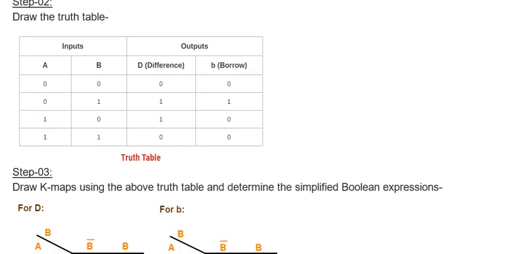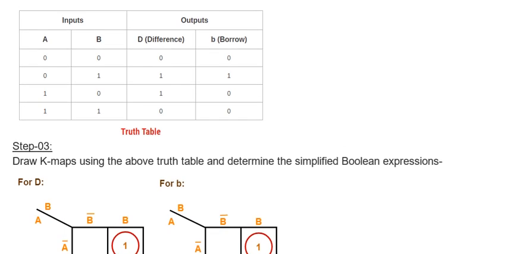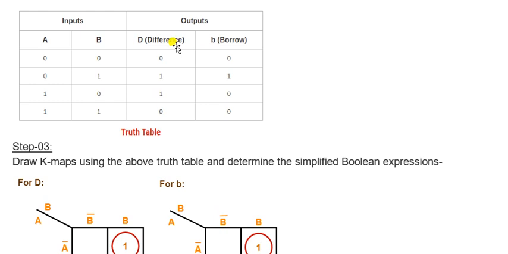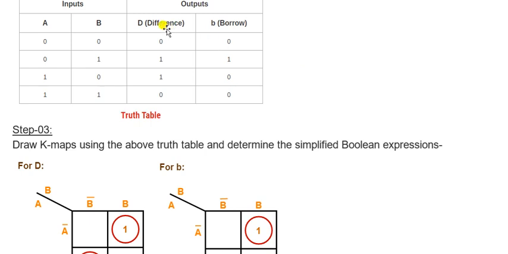Here we can also take the help of K-map for getting the minimal expression for each output function. Here we have two output functions, difference and borrow. So students will require two K-maps for getting the minimal expression for each output function. Here a student can also directly express output function in its minimal form.